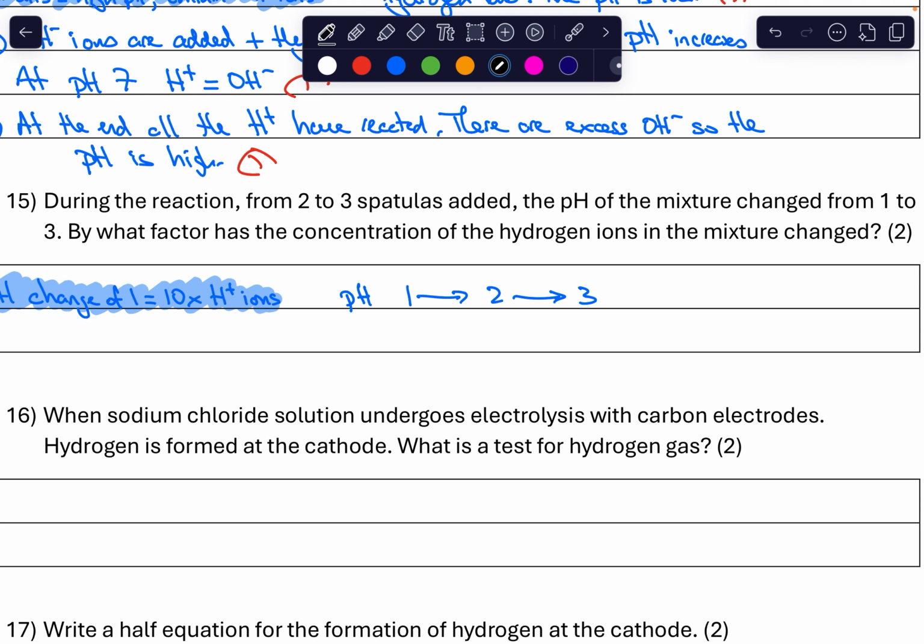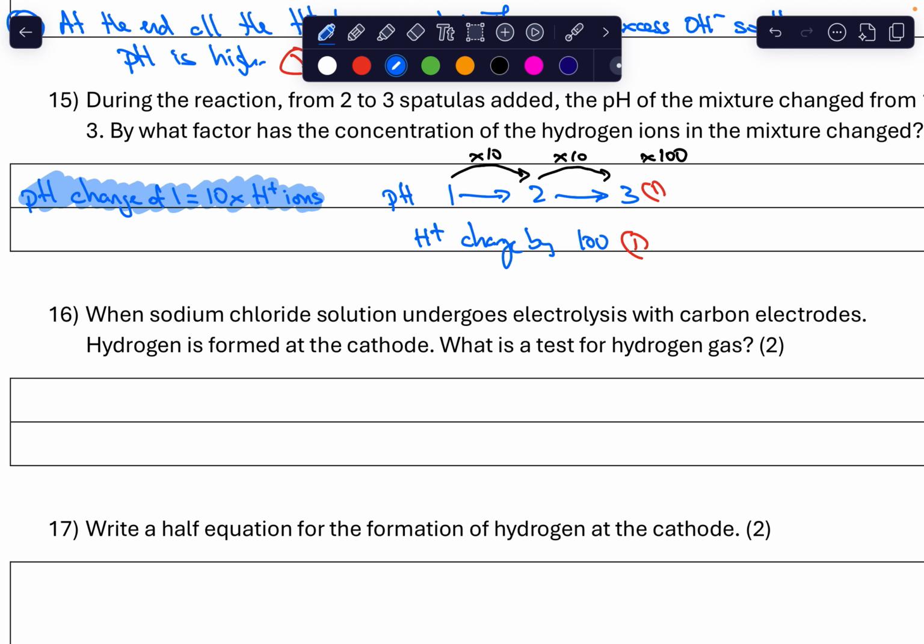What I've done here is my hydrogen ions, to get from there to there, have increased by 10, and to get from there to there, also increased by 10. So they've increased by a total of 100, and that's my final answer. So the hydrogen ions change by 100. 2 marks. I think you get 1 mark for showing the kind of logic, and then 1 mark for giving your answer.